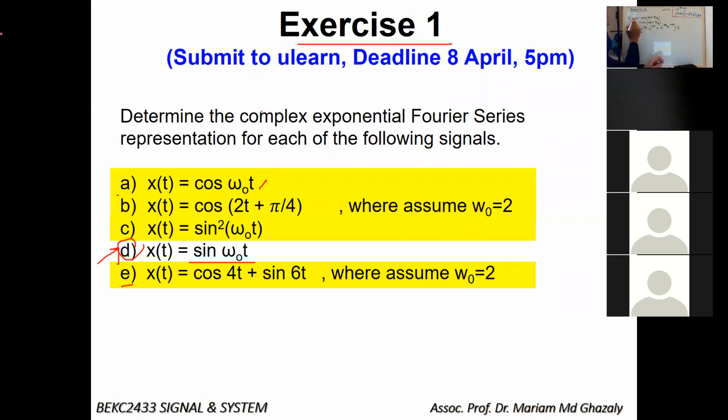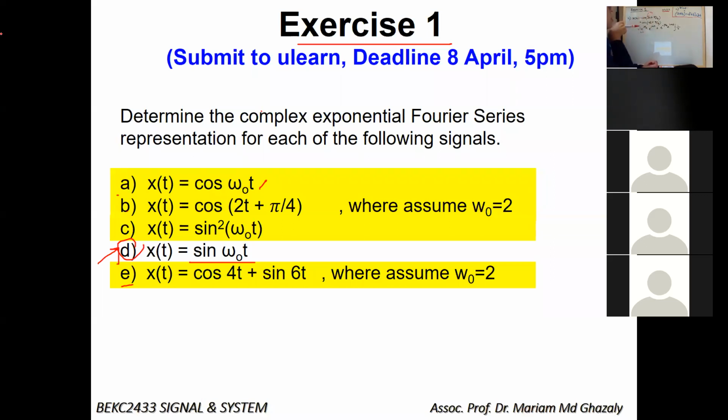Okay, so we are going to go for SSB here. x(t) equivalent to cos(2t + pi/4). In the question I gave you, assume that omega equals 2, so this 2 here is actually omega.